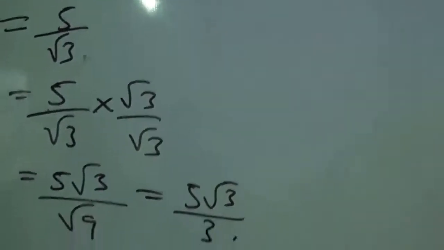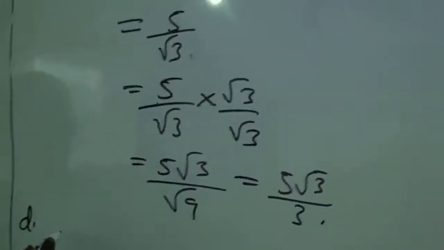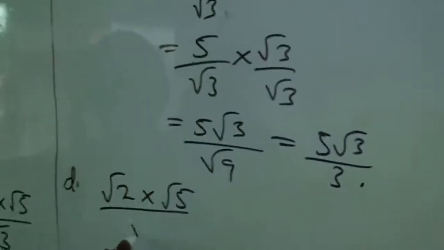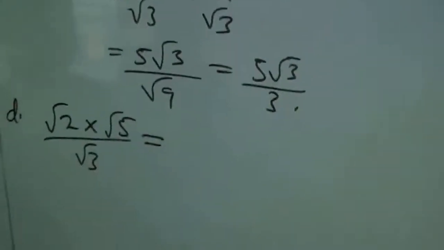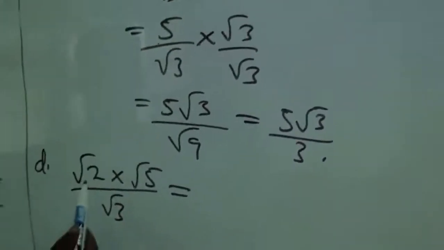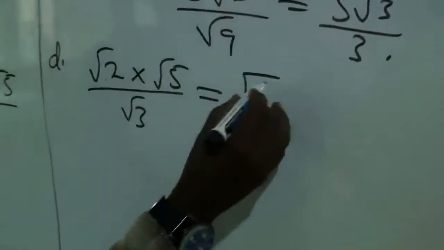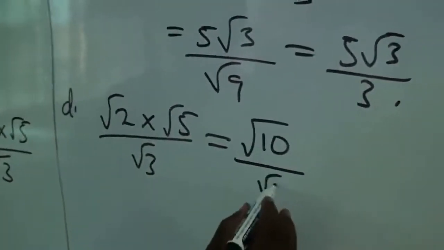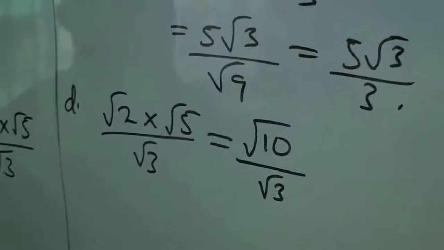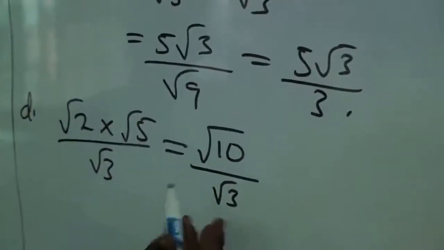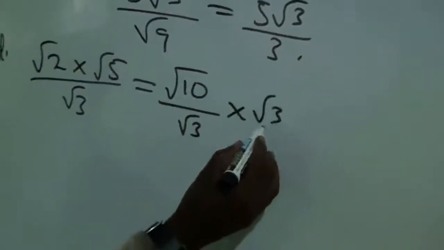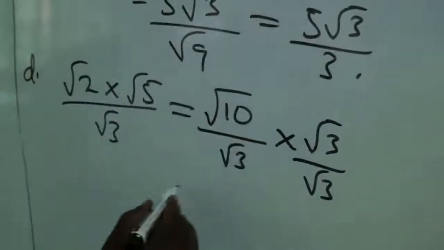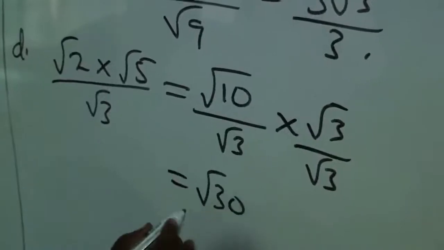And then the last one here, we have root 2 times root 5 all over root 3. Of course, this can be multiplied to give us root 10 as 2 times 5, and then all over root 3. And in this case, we also have to what? Rationalize. We multiply this by root 3, multiply this by root 3. So root 10 times root 3 will give us root 30.